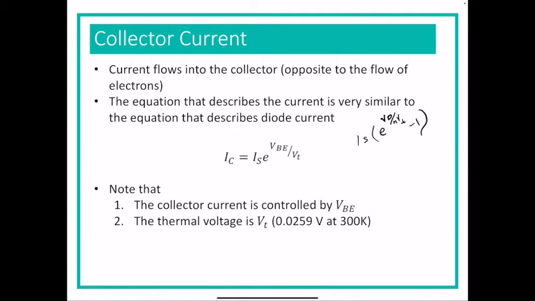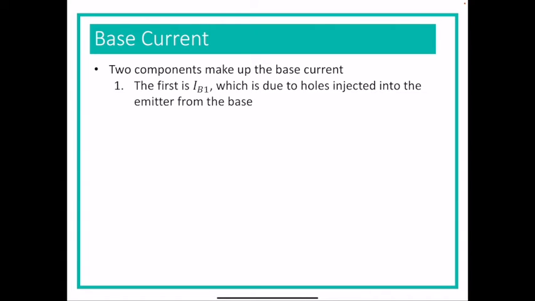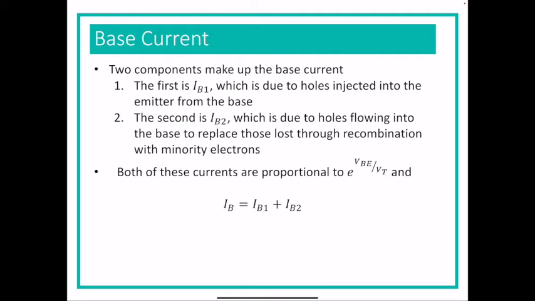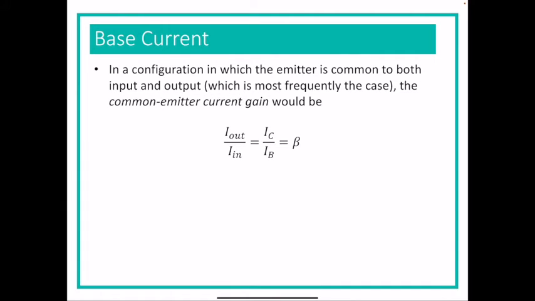It comes from the same idea because it's a PN junction. The base current is made up of two things: IB1, holes injected into the emitter from the base, and IB2, which is holes flowing into the base to replace those lost. And both of those are proportional and add up.